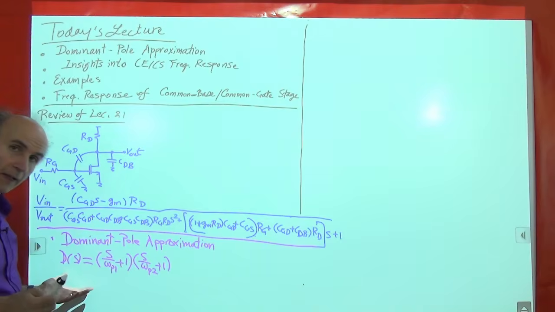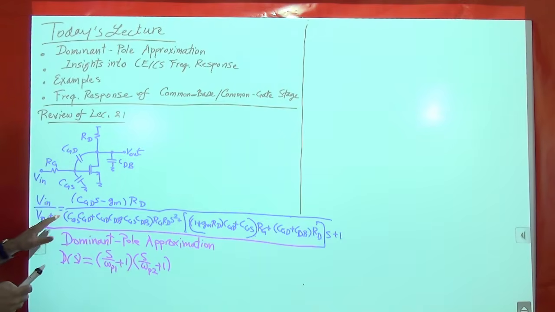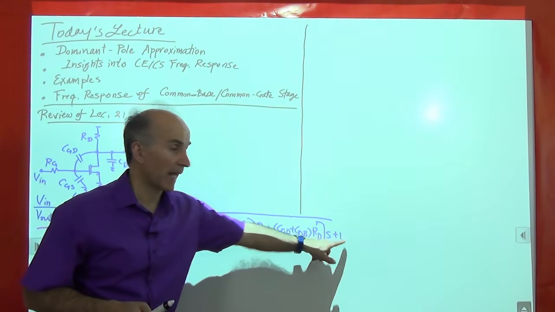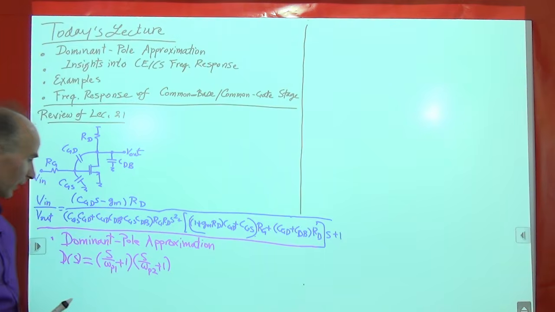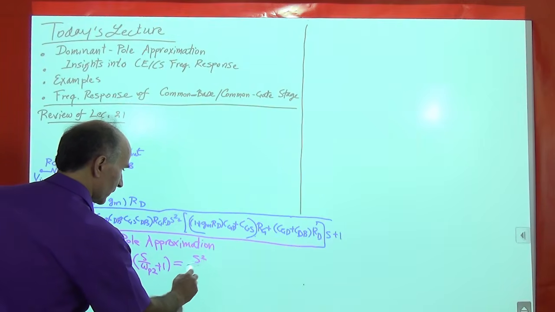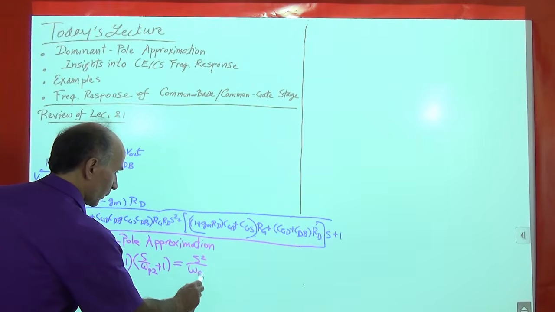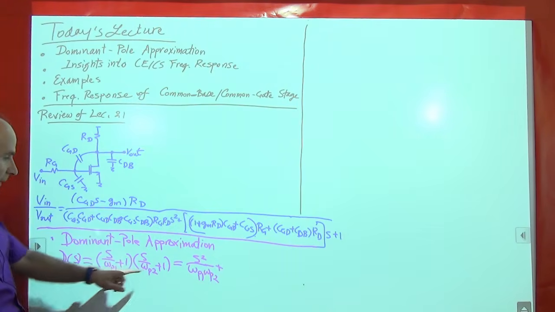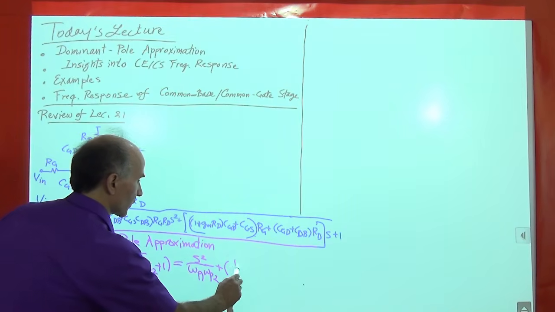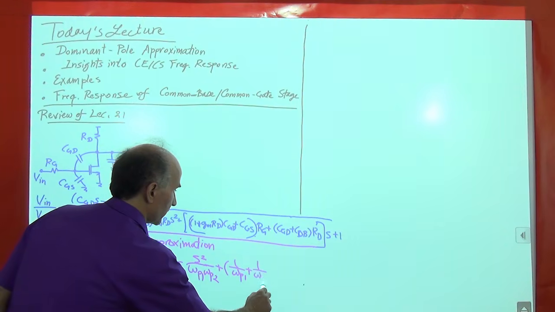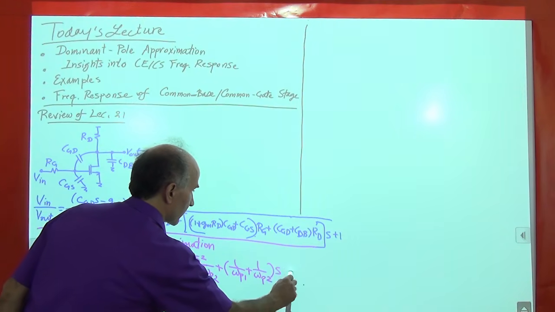So we always divide everything so that in the denominator we have s squared, s, and 1. Okay, so if that's the case, let's just expand this. We're going to write this as s squared over omega p1 omega p2 plus the sum of the inverse of the poles, so 1 over omega p1 plus 1 over omega p2 times s, plus 1.